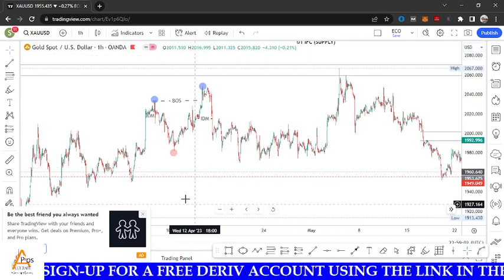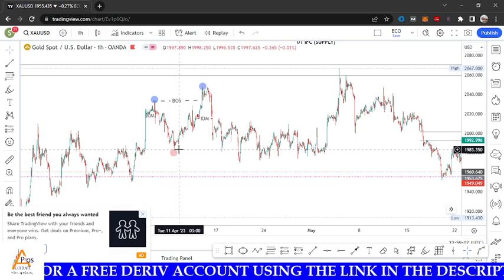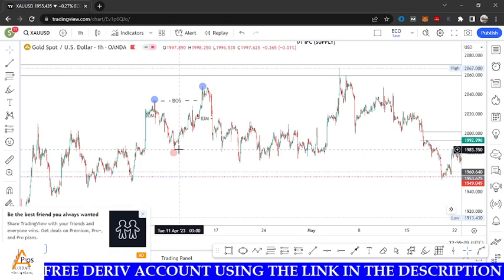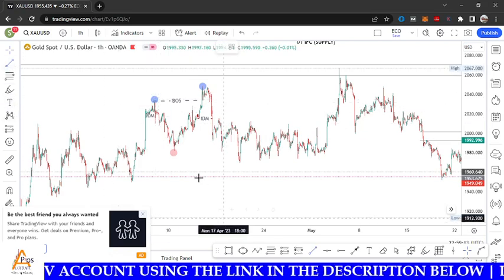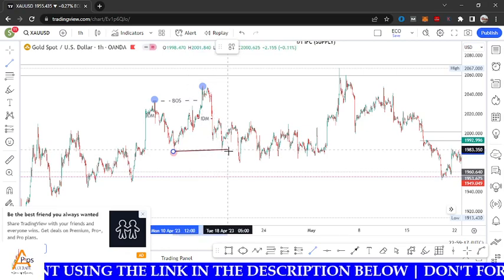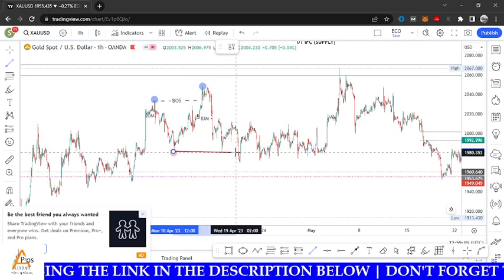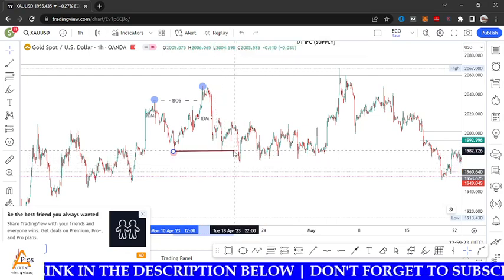Let me delete this guy. Here you see our most recent lowest point. See what happened here on H1. Price took out this low and closed a candle body below it.